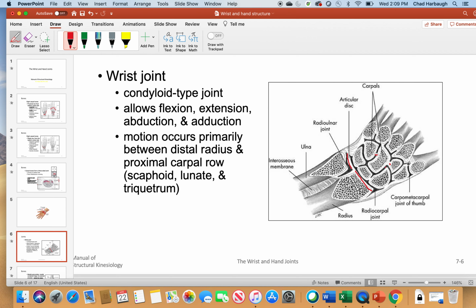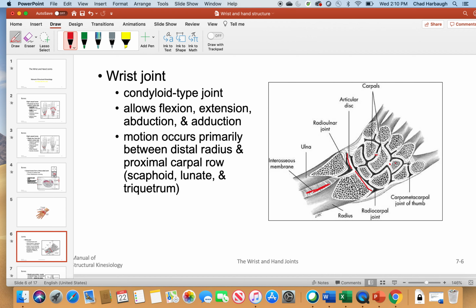And we can see that this allows for flexion, extension, abduction and adduction, and even circumduction. Another note, this interosseous membrane, which is a dense connective tissue, lies between the ulna and the radius, and this helps hold the position of the ulna and radius, the distance, when we go into pronation and supination.